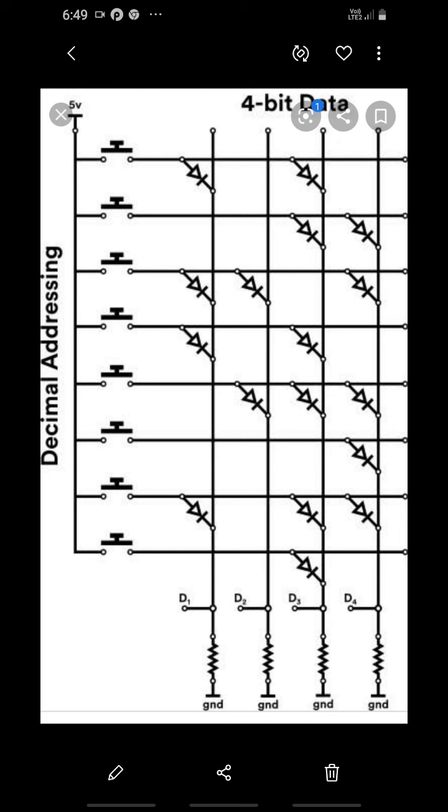and R7 are the different registers, and their addresses are 0, 1, 2, 3, 4, 5, 6, 7.